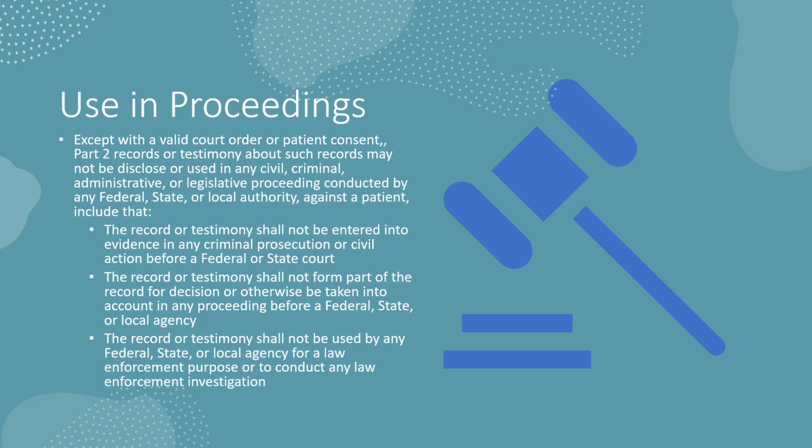The record or testimony shall not form part of the record for the decision or otherwise be taken into account in any proceeding before a federal, state, or local agency, and that record or testimony shall not be used by any federal, state, or local law enforcement agency for any purpose to conduct any law enforcement investigation.